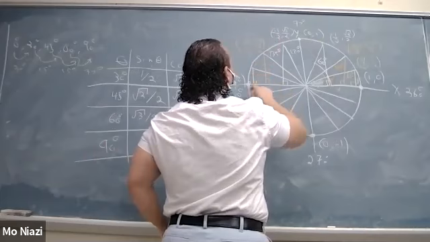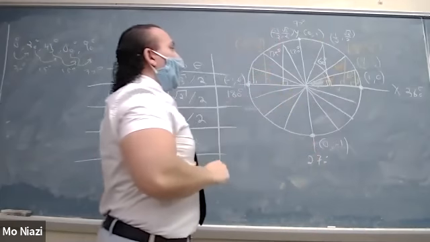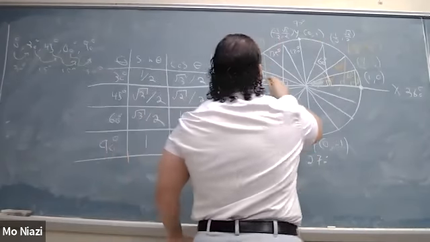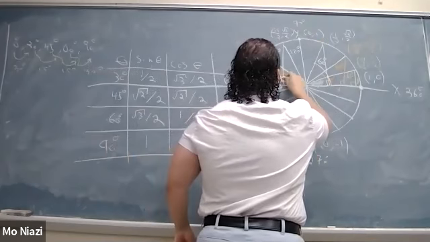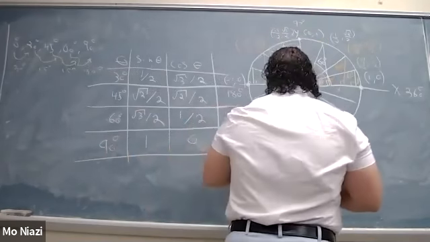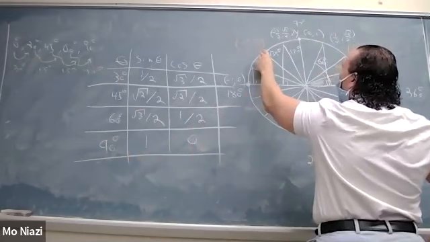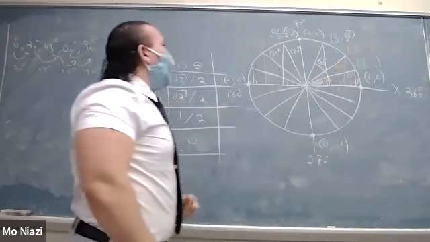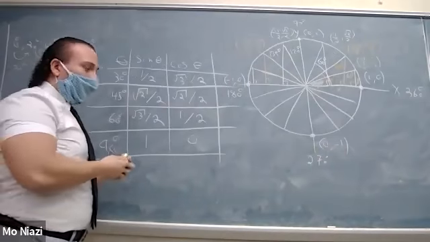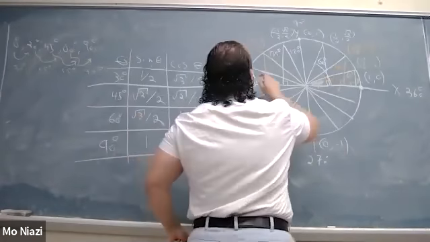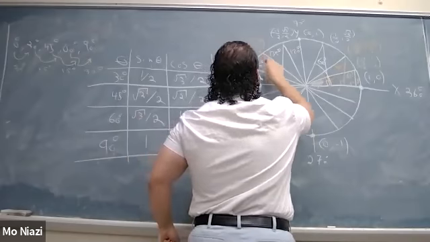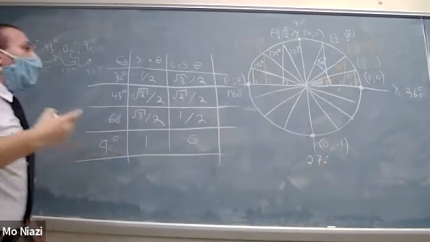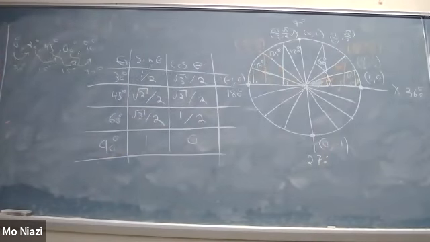Next one. At what angle is this one? 150. Yes, it's 150. Why is it 150? 30, 15, 15, 30 says that's got to be 150.